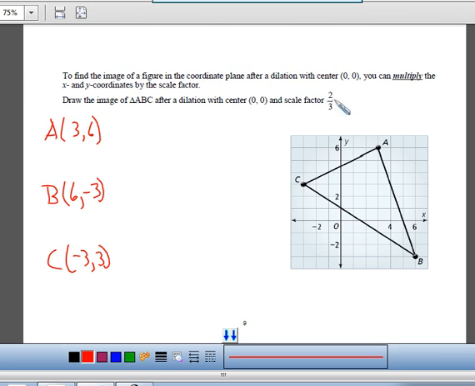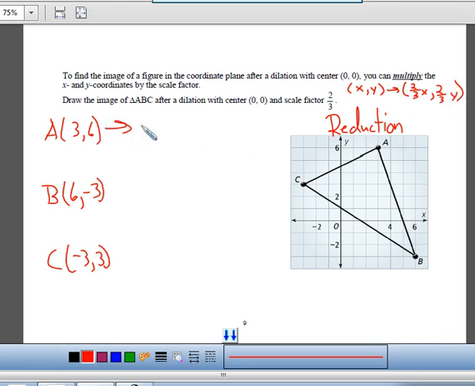We know our scale factor is 2/3. Because it's a number between 0 and 1, it's going to be a reduction. The rule is going to be, we go from x comma y to 2/3 x, 2/3 y.